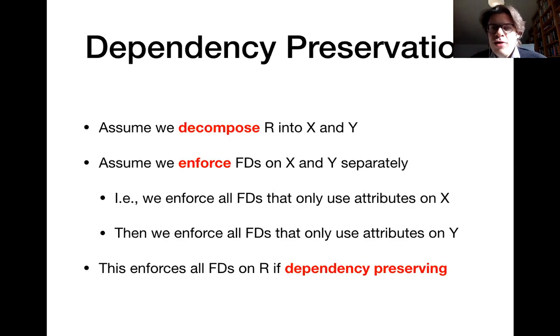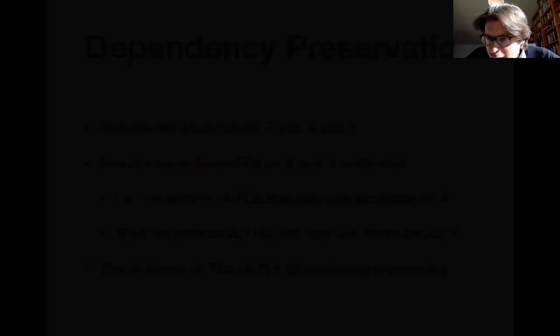So we enforce all functional dependencies that can only be checked by using attributes from X, and we check all functional dependencies that can be verified using only attributes from Y. And if by enforcing those functional dependencies on separate relations, we have implicitly enforced all functional dependencies that held initially, then we say that the decomposition was dependency preserving. I believe there might have been a question.